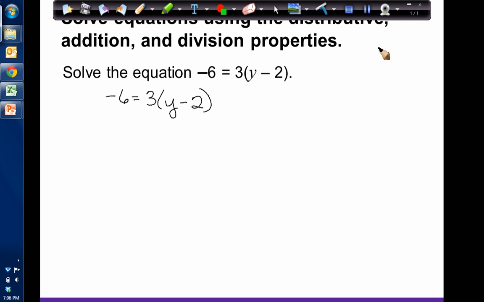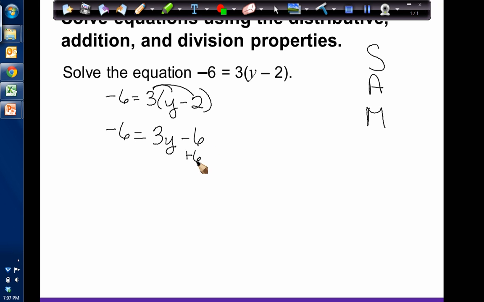Again, let's remember our best friend Sam. The first step is to simplify each side. Can we simplify negative 6? No, it's just negative 6. But can we simplify this? Yes, we can distribute. So we'll have 3y minus 6 when we distribute the 3. Now we'll move on to addition and subtraction. We want to get the 3y on one side and all the terms that don't have y's on the other.